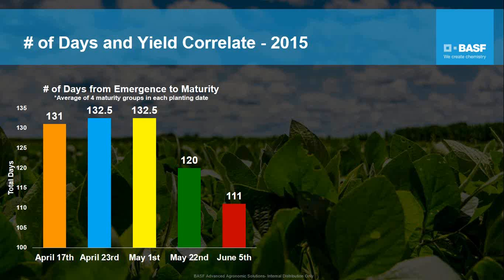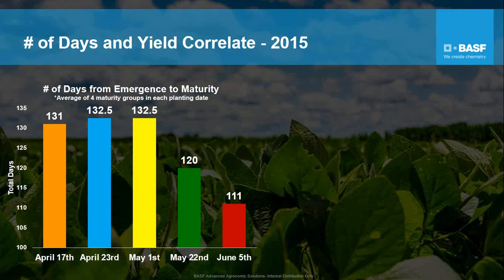Now, if we look at May 22nd, we now see we've lost 12 days, so almost 10% of our total growing days, and a similar trend on heat accumulation was lost by planting in later May. And that would tell us that in this particular case, we're not just limited by weather, we're also limited by the total amount of source, or the total amount of sunlight that those plants can take up.